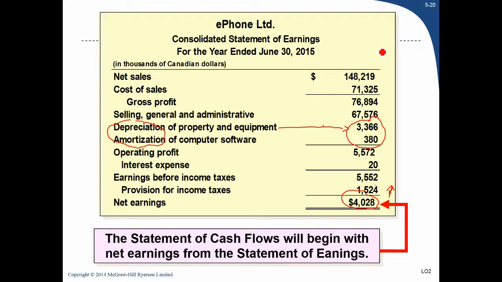Because we use the accrual basis of accounting, we might have only received 100 million in cash for these sales, and we might have accounts receivable of 48 million, right? So once we've shipped the goods, we get to recognize the revenue, right? Credit revenue, debit accounts receivable, 48 million. From a cash flow perspective, that's not cash earnings, right? We only care about how much cash we received.